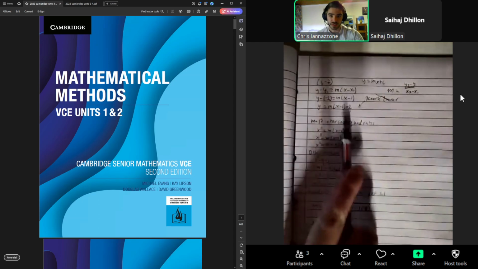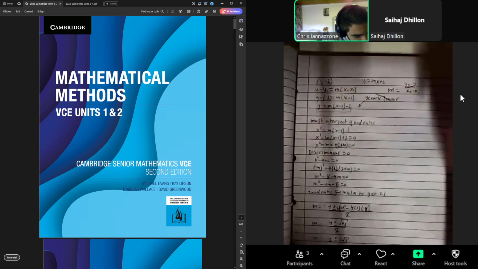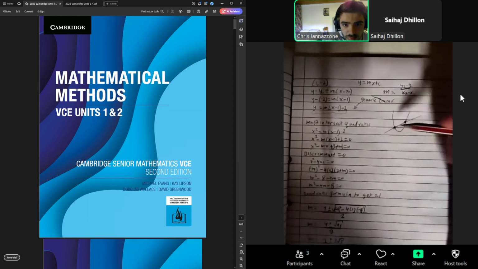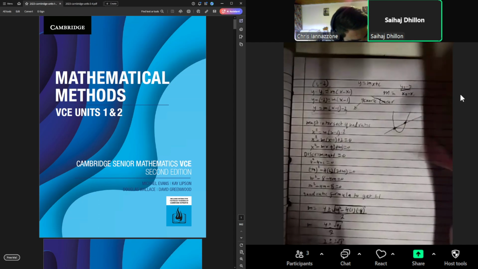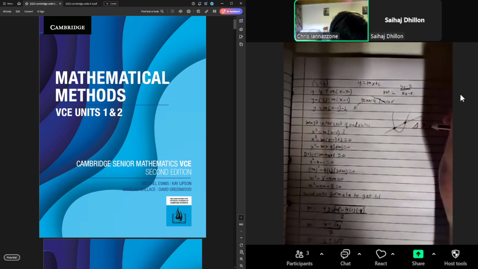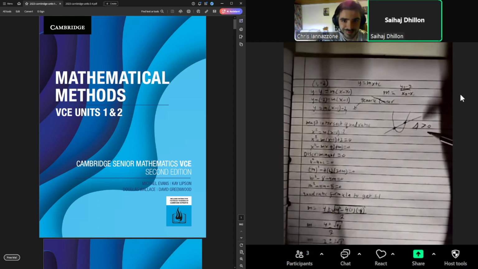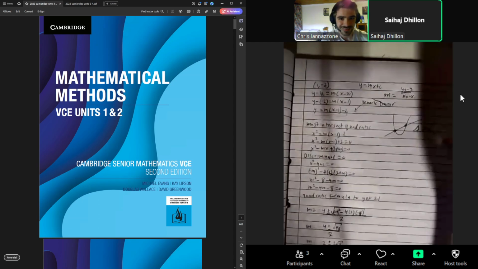In this context, that would mean two intersection points, like if your quadratic and linear did something like this. That's for discriminant greater than 0. If it's equal to 0, it'll be one point. If it's less than 0, it'll have no intersection points. That's it, correct? That's exactly right.